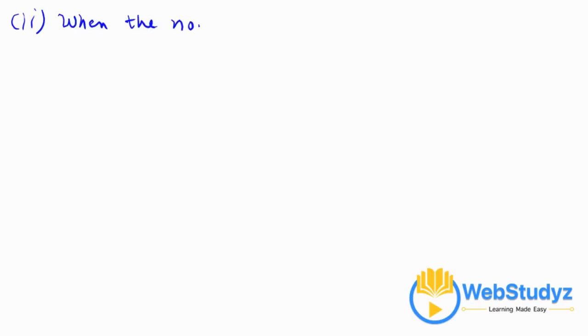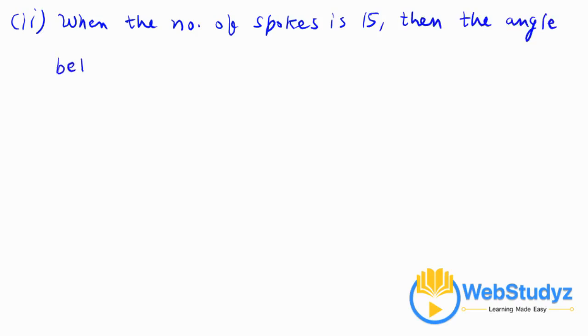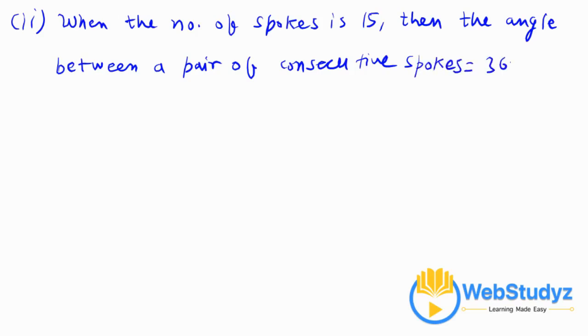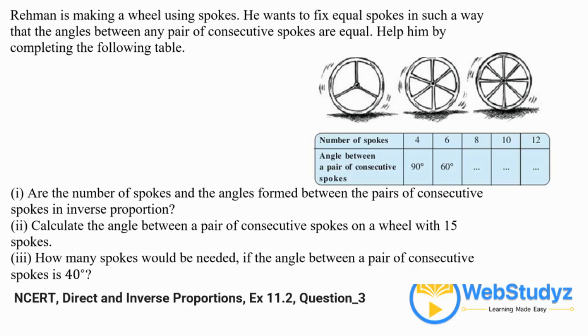When the number of spokes is 15, then the angle between a pair of consecutive spokes will be 360 degrees by 15, which comes out to be 24 degrees.